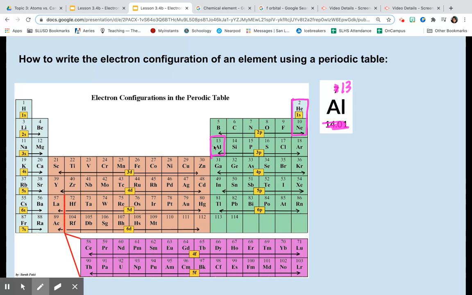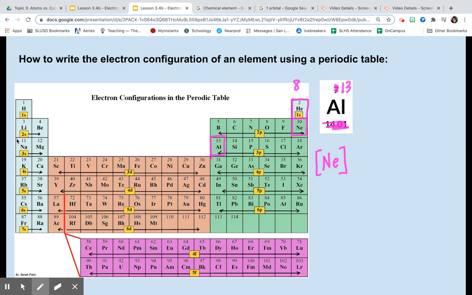So here, if I work backwards up the row, I would start at neon because it's the closest in group 8, also known as the noble gases, that comes before aluminum. So I would write Ne for neon in brackets. Moving straight across, here's my starting point now.